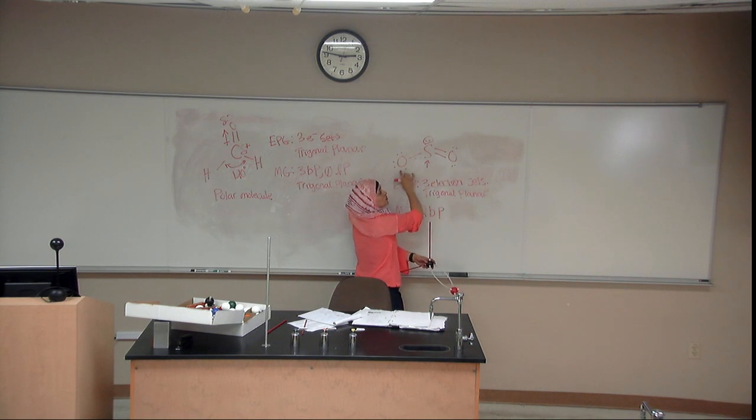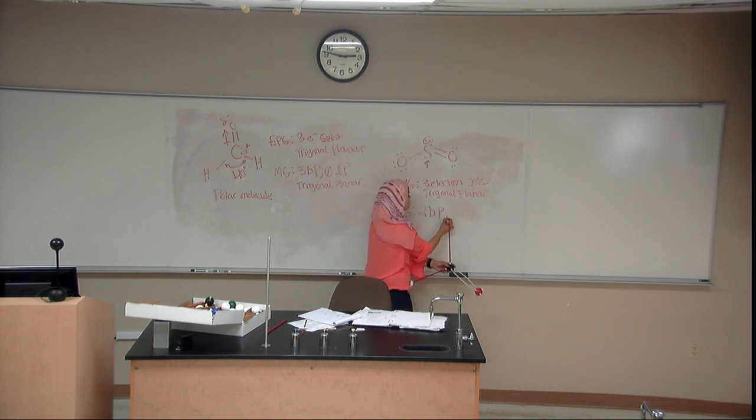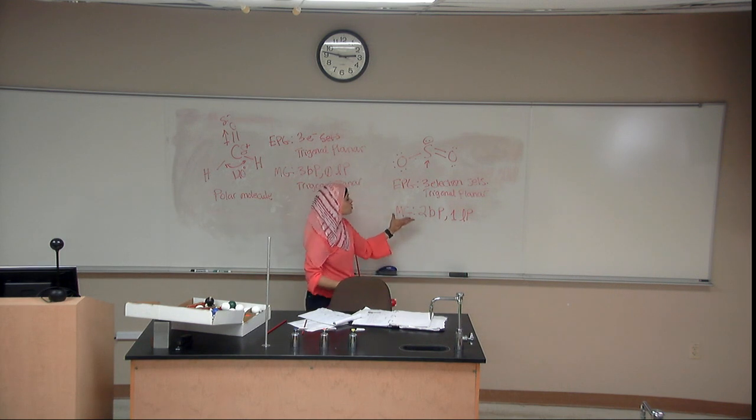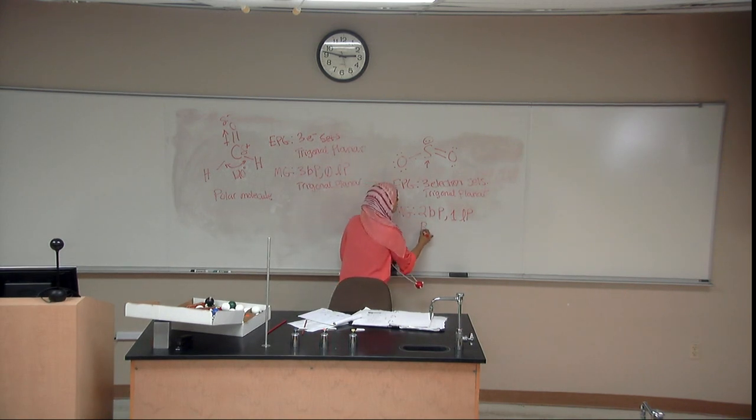How many other atoms is my central atom attached to? That's 2. And then how many lone pairs? This is a lone pair, it's not attached to anything else. So 1 lone pair. So this combination of 2 bond pairs and 1 lone pair tells you your molecular geometry, which is going to be bent.